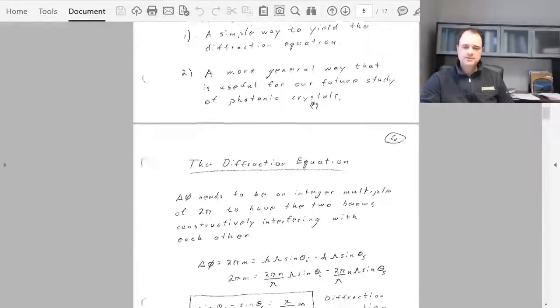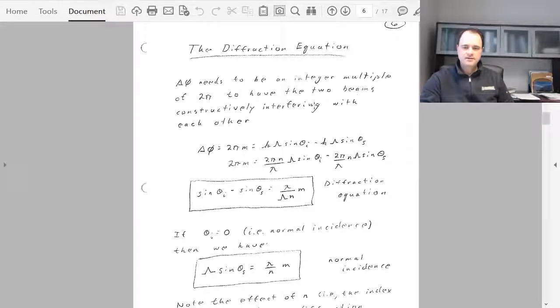We will say that's a condition such that we can have a scattered beam coming out, that this change in phase given by this right here has to be an integer multiple of pi. So m is an integer here, okay? We put in the results for k, 2 pi over lambda times n, the index of refraction.